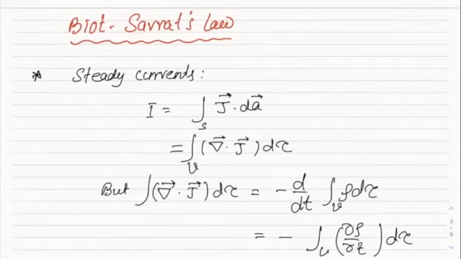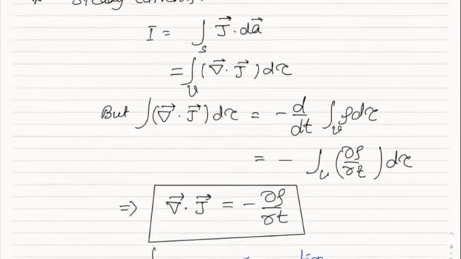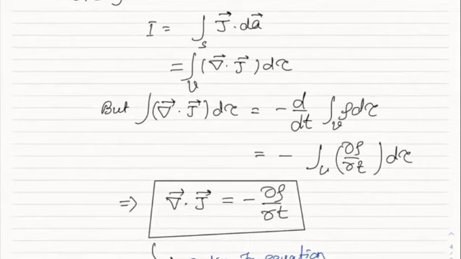So this is your charge, and that variation should be captured by this. I hope it is clear. In that case, del dot J will be given by minus del rho by del t.